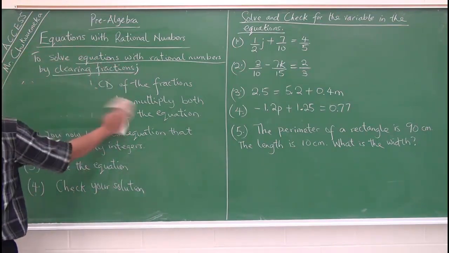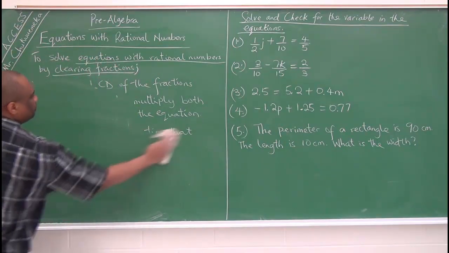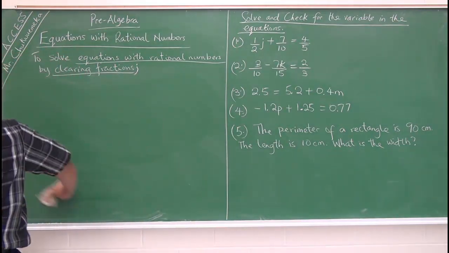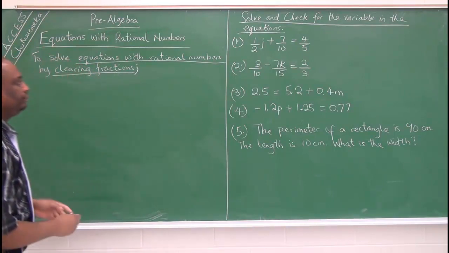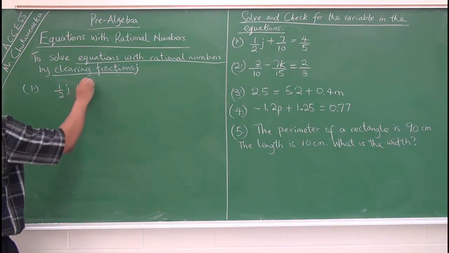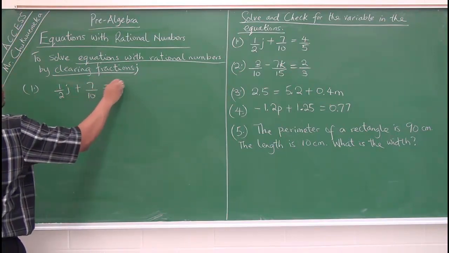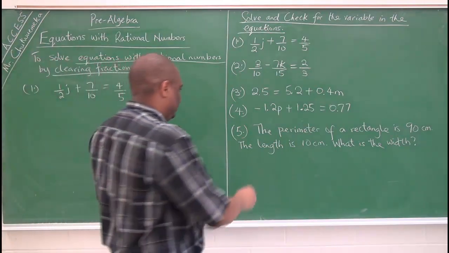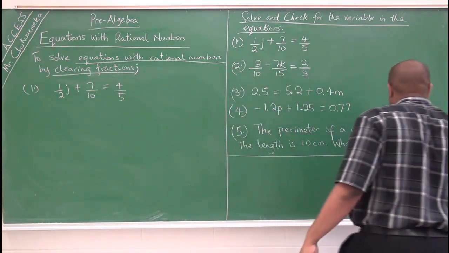Okay, number one. We have 1 over 2 times j plus 7 over 10 equal to 4 over 5. Let me use this space for LCD to find our LCD.